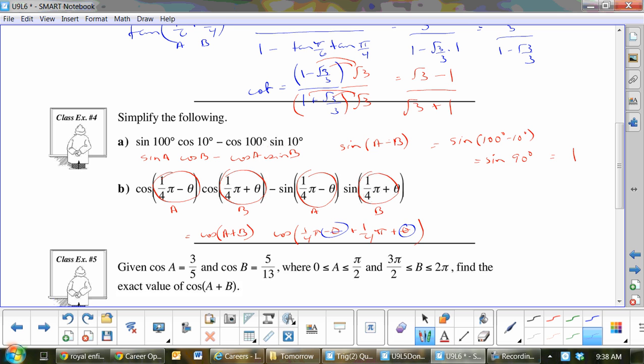And a positive theta? They would cancel. And what's a 1/4 pi plus a 1/4 pi? 2/4 pi? Or a half, yeah. So equals cos 1/2 pi, or pi over 2. What's cos pi over 2? 0.